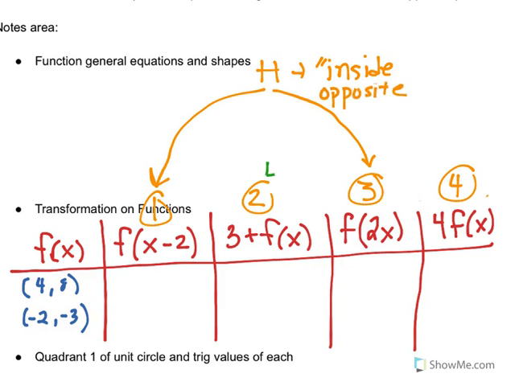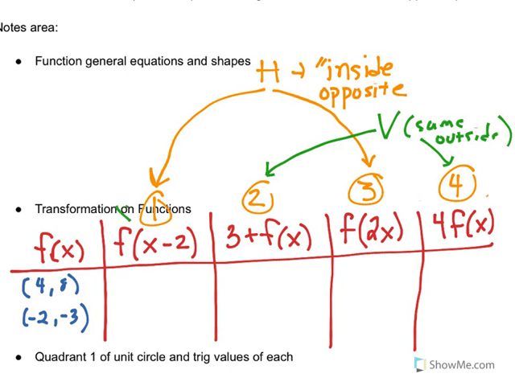That means that the other two are going to be vertical, and they're going to be the same as what they say, because they're on the outside of the parentheses. So let's do the horizontal ones first.